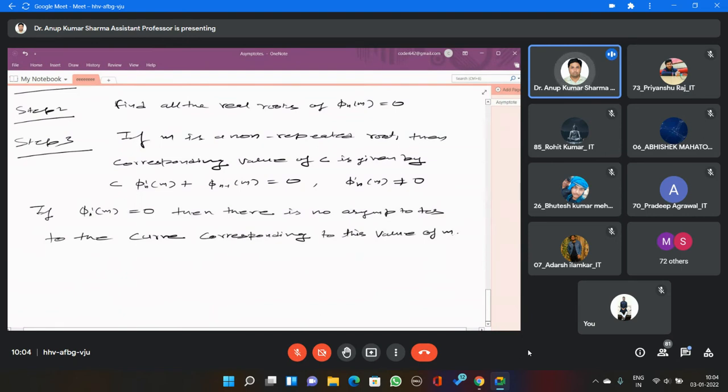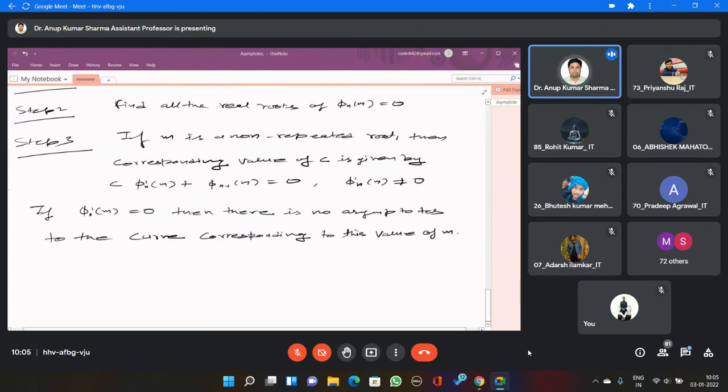So what happens if phi n dash m, the derivative of the highest power part, is equal to 0? Then there is no asymptote to the curve corresponding to this value of m, because we are unable to find c.